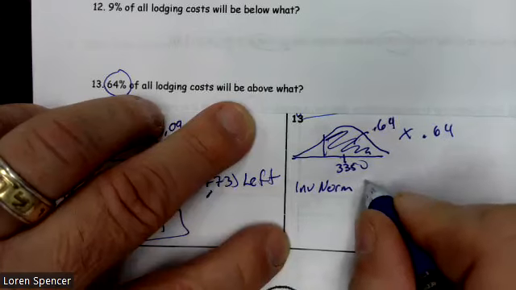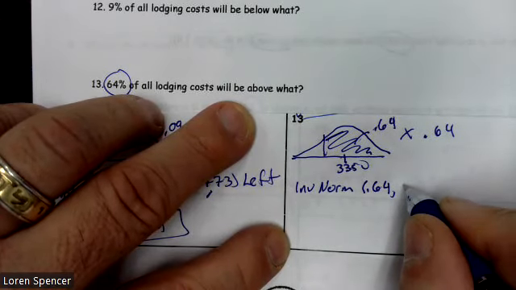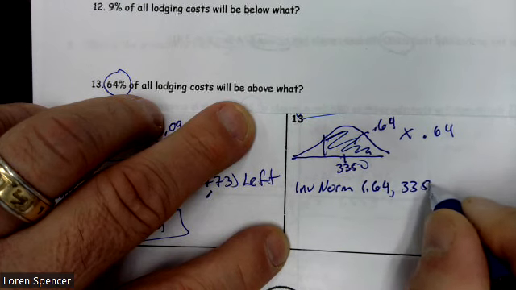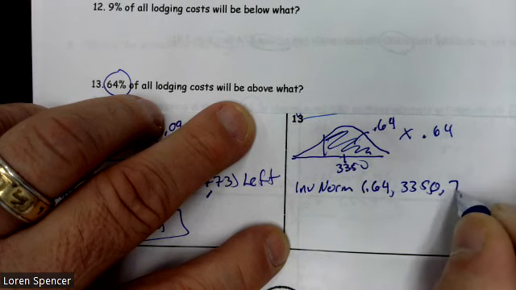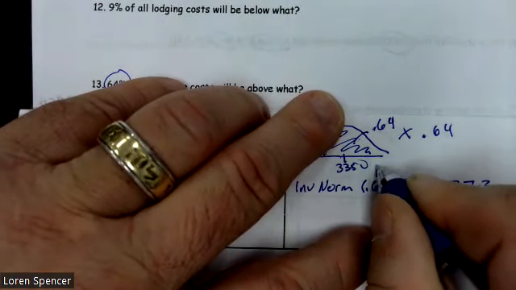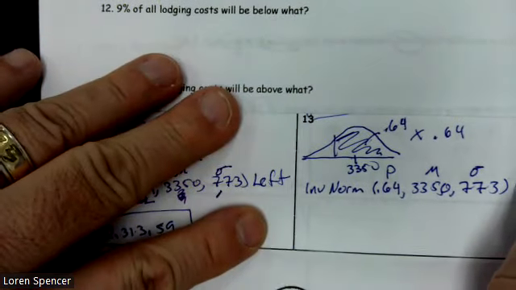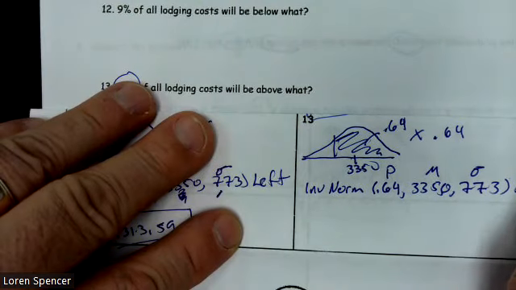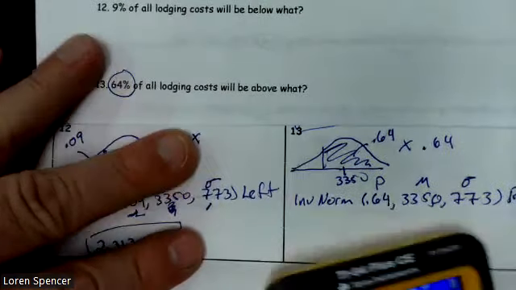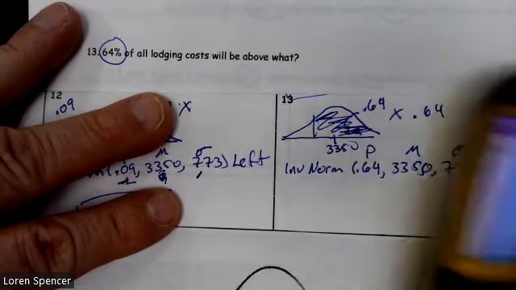And we're going to have an area of 0.64. We're going to have a mean of 3350, and a standard deviation of 773. This is my probability. This is my mean. This is my standard deviation. And we're coming from the right, because we shaded from the right-hand side.